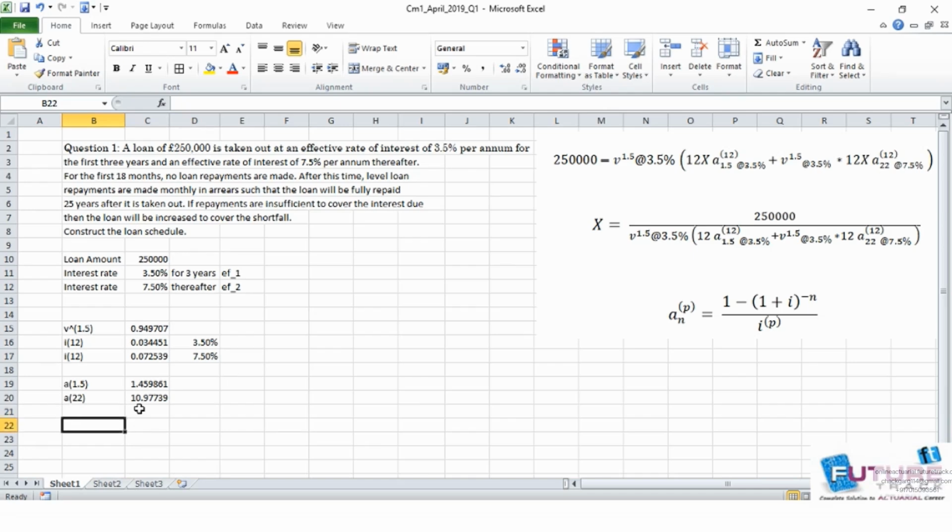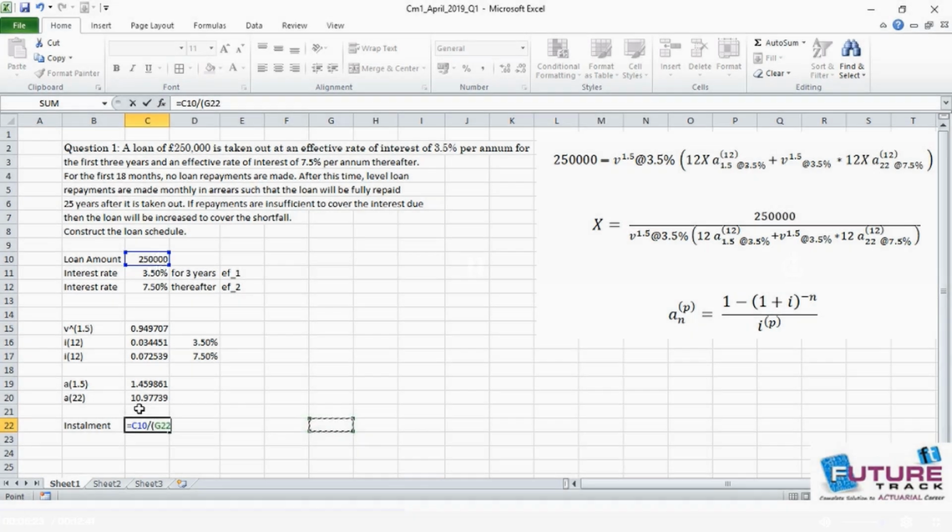Now let's apply the formula. Installment is equivalent to numerator 2,50,000. Let's take the value from above.